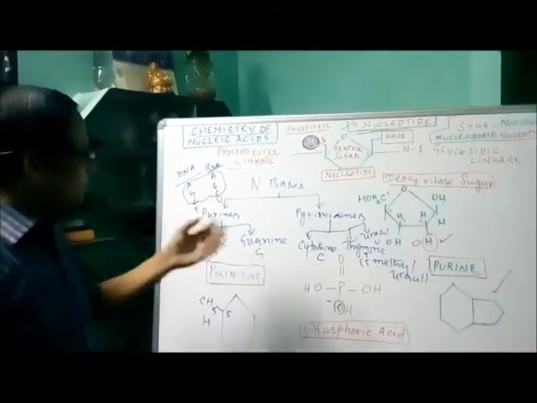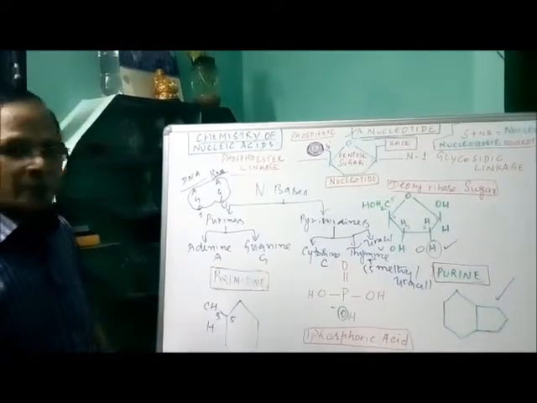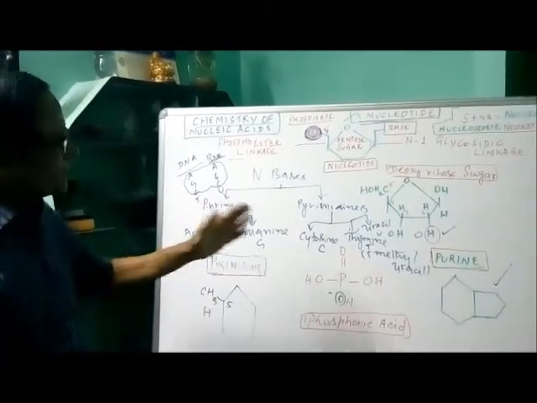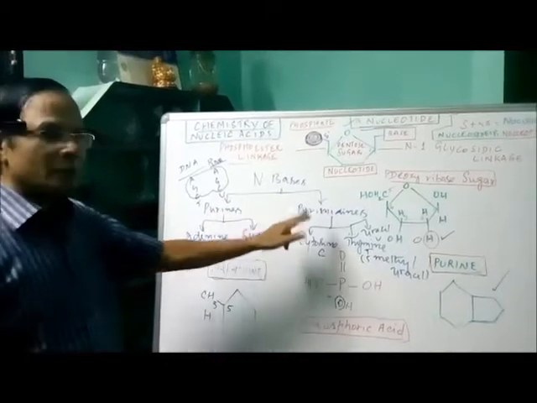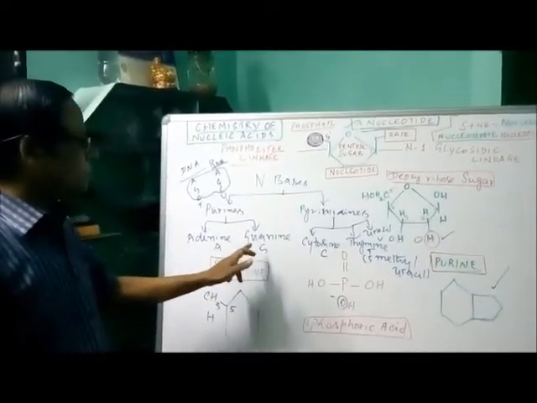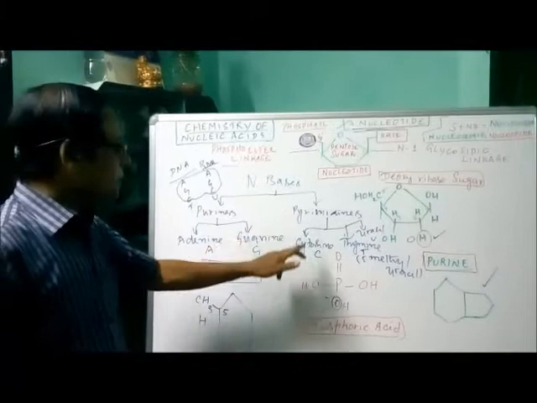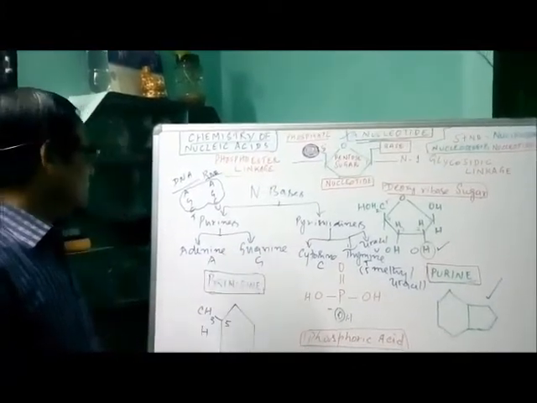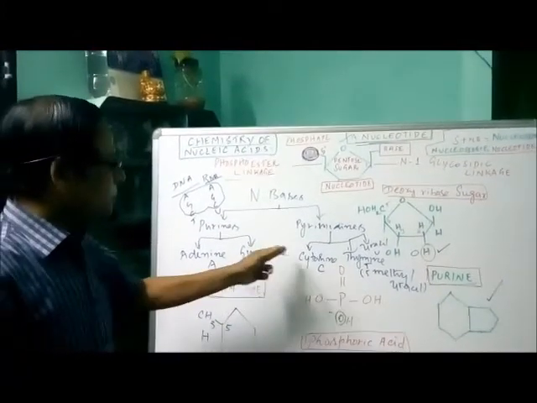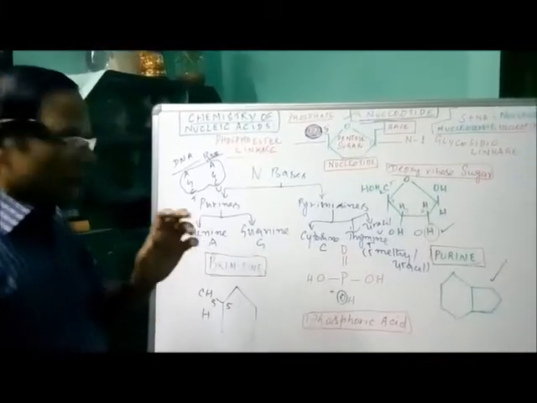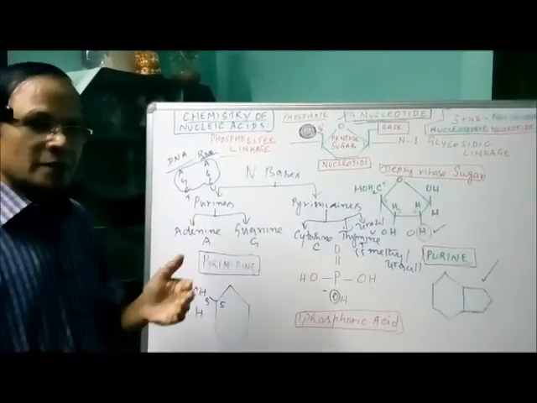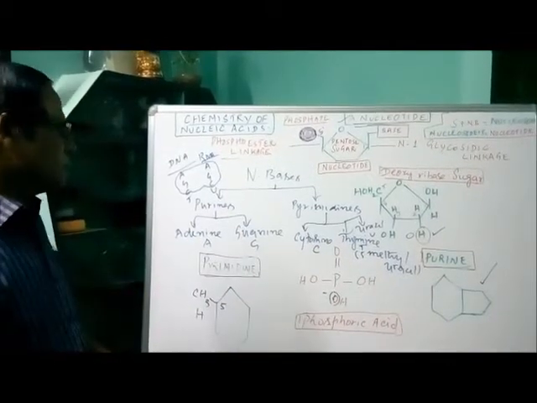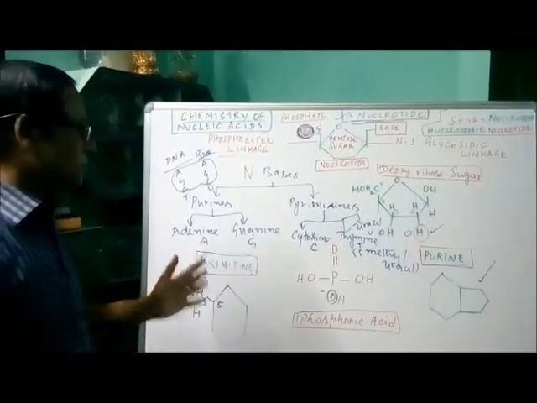As we have studied already, I want to recall only: we have 5 different types of bases grouped under 2 headings, purines and pyrimidines. Purines are of 2 types and pyrimidines are of 3 types. Out of the 5 nitrogenous bases, 4 are present in either RNA or DNA. So this is about the nitrogenous bases.